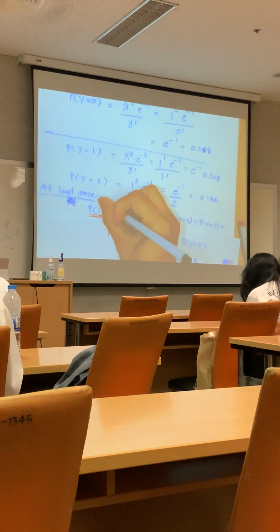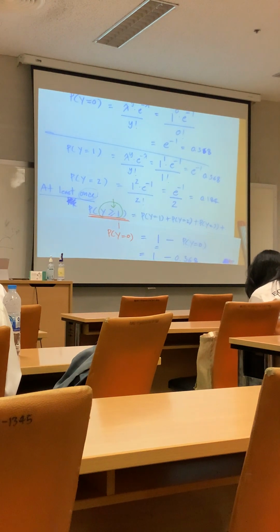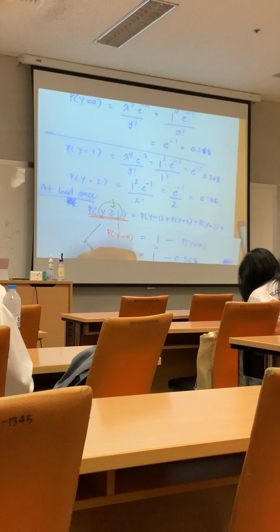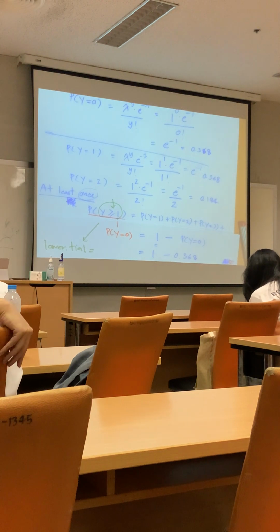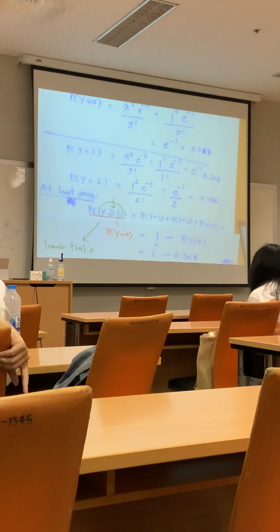We want something greater than or equal to 1. Now, can you tell me about the option lower dot tail? If you want something greater than 1, does lower dot tail have to be true or false?